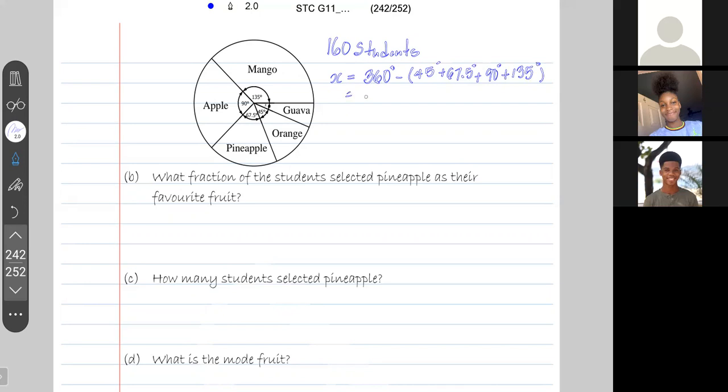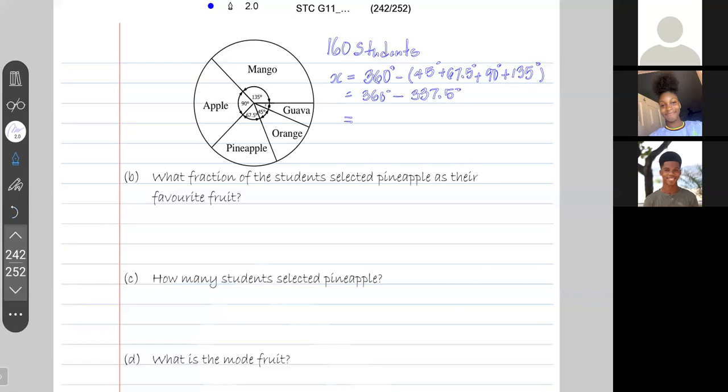So we have 360 minus, let's add, 45 plus 67.5 plus 90 plus 135, which is 337.5 degrees.